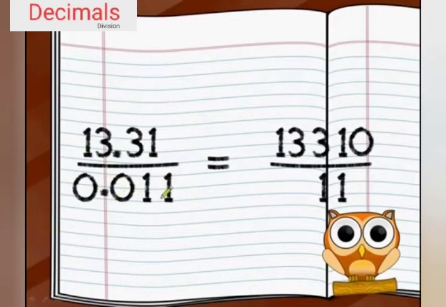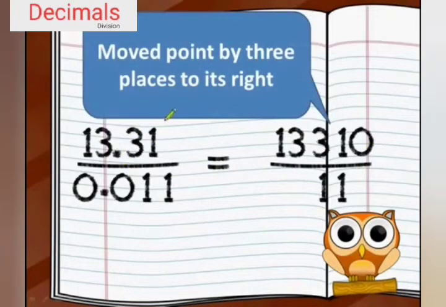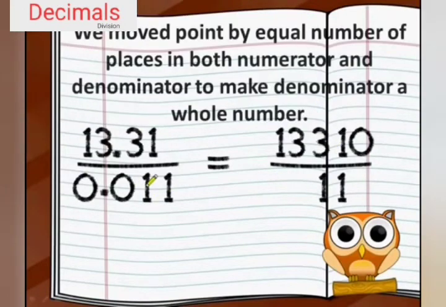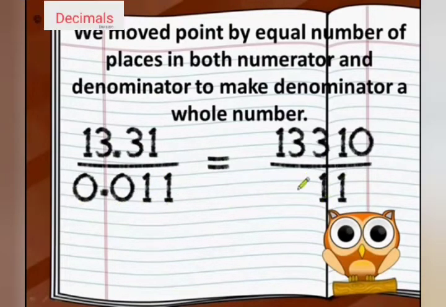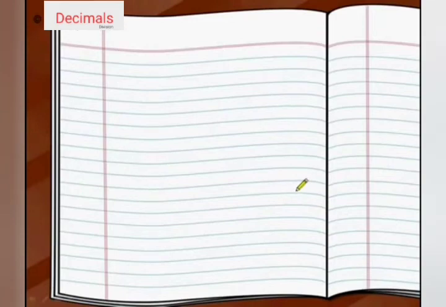Now I think it is easy for you. You can easily divide 13,310 by 11. If you see, we have easily moved the decimal point, but it is very important to understand that we multiply numerator and denominator by the same number to make it a whole number. So you just need to count the number of digits after the decimal. It is not necessary that your numerator should also be a whole number.